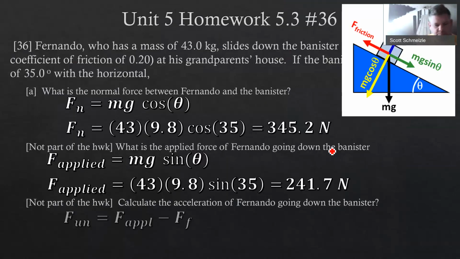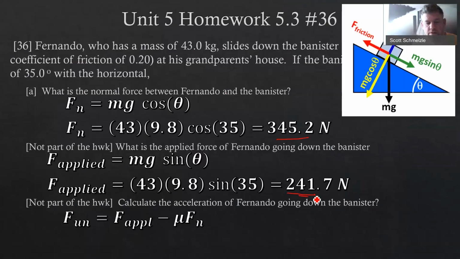Okay? So, in order for us to find that out and find the acceleration, we've got to find our F_un first. Well, we have the applied, but we don't have our force of friction, right? So notice what I just did there. I took our force of friction at the bottom, and I changed it into what we're actually going to need to calculate. So it's going to be 0.2 times our normal force up here.